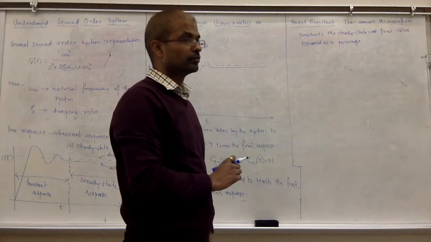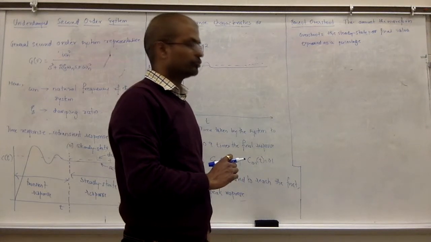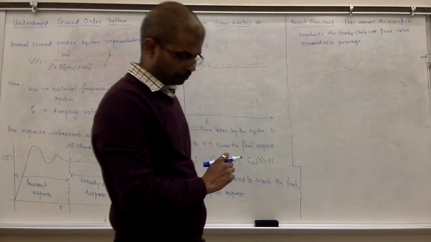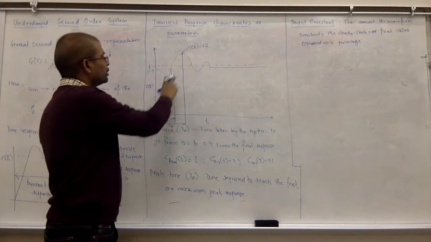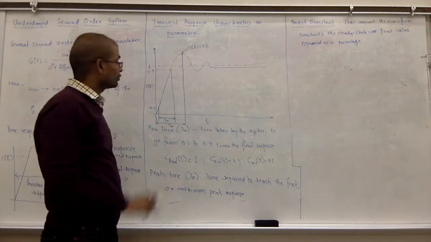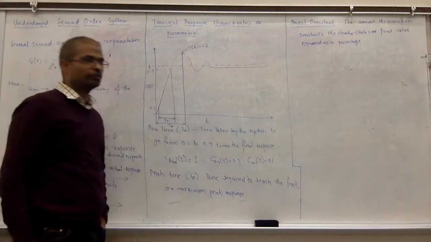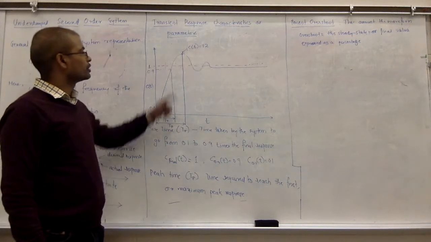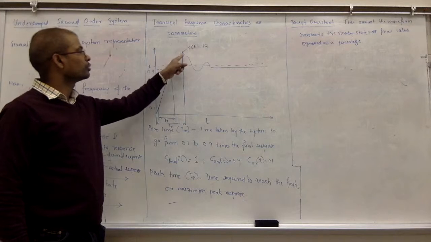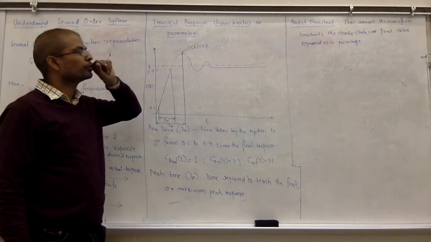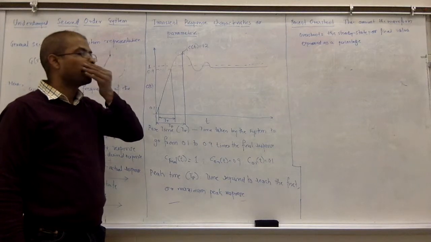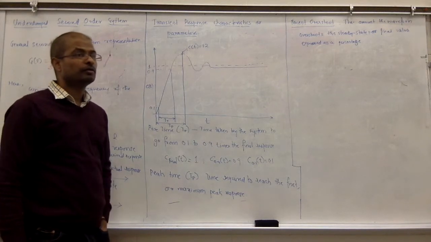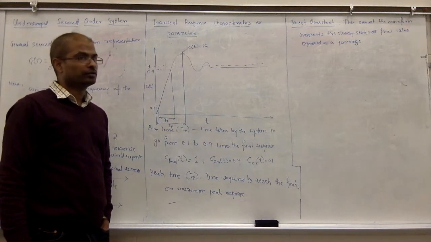The response at each of these points, C of t, will have a value, right? If C of t is 1.2 here, what is the amount of overshoot? 20%.